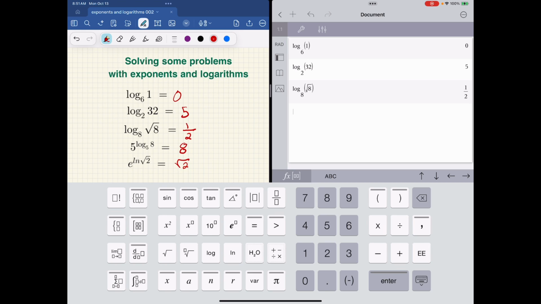Next, what is 5 raised to the log base 5 of 8? And we found we're correct that that is 8. And finally, what is e raised to the natural log of root 2? We find again that that is square root of 2.